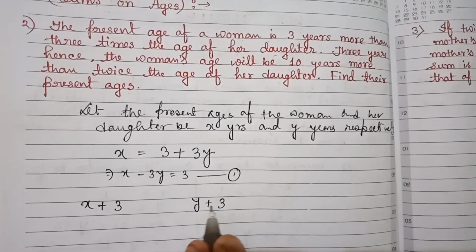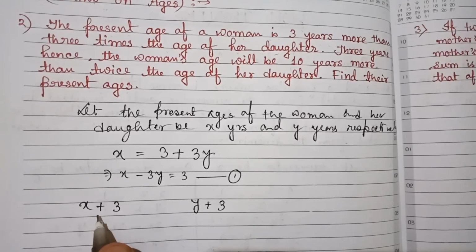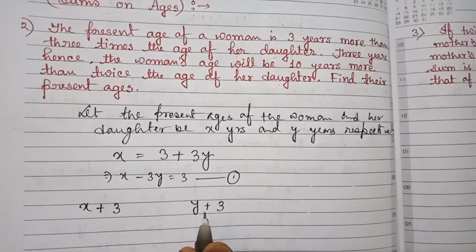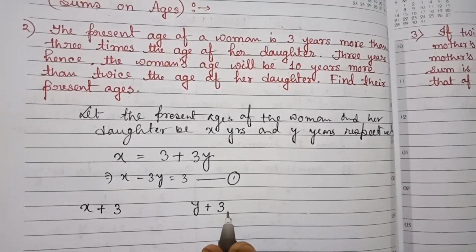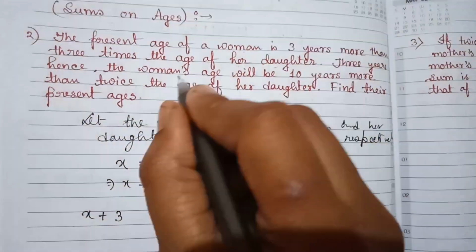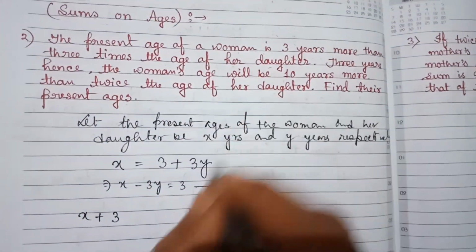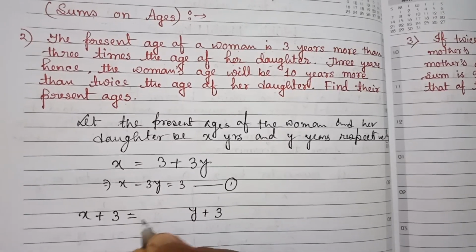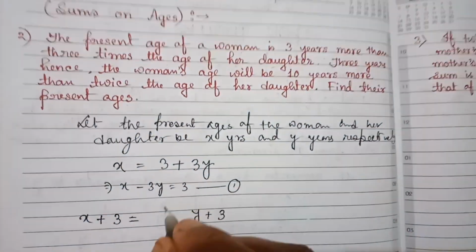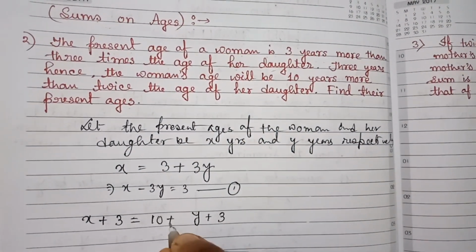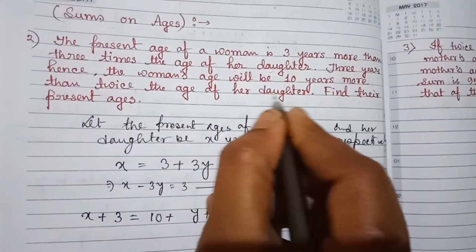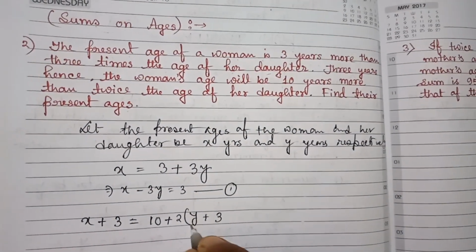So after 3 years, woman's age will be x plus 3 years and daughter's age will be y plus 3 years. Now the woman's age equals 10 years more than twice the age of her daughter, that means 2 into this.